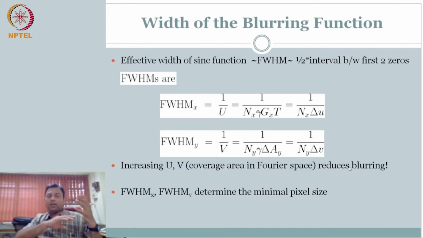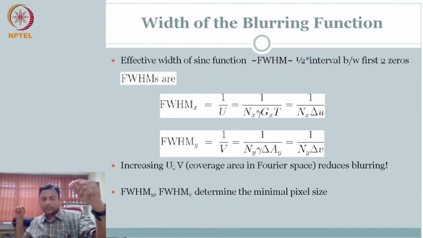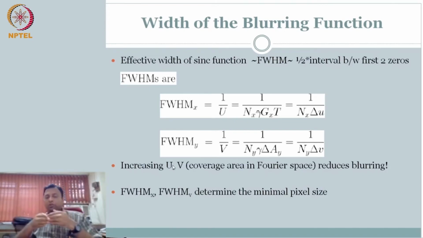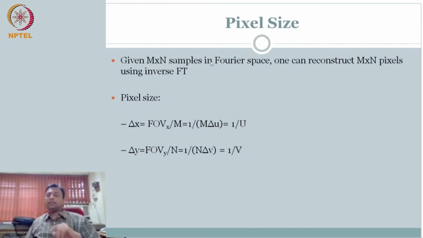Sharper or rapid transitions in spatial domain correspond to high frequency. So if I record high frequencies, meaning your U and V are large, then I should be able to catch rapid changes. So that means blurring is less. But your full width half maximum in X and full width half maximum in Y are determined by the minimal pixel size.